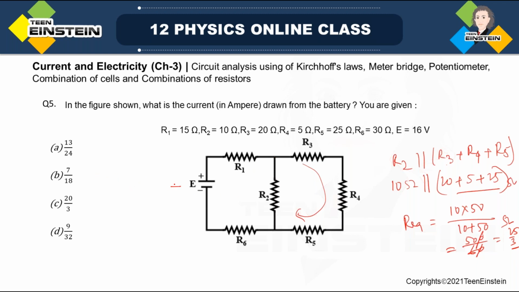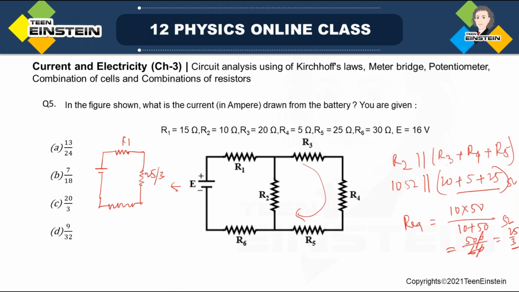I'll just draw this equivalent circuit after doing this particular operation. Up to this, we have got the value of this combination, that is 25 by 3, which I'm writing here.